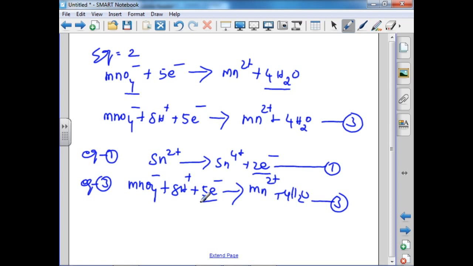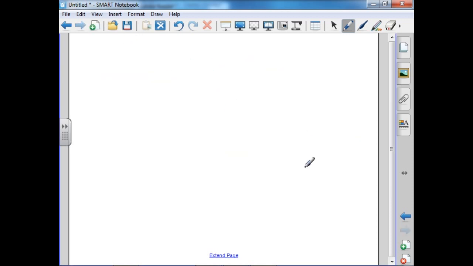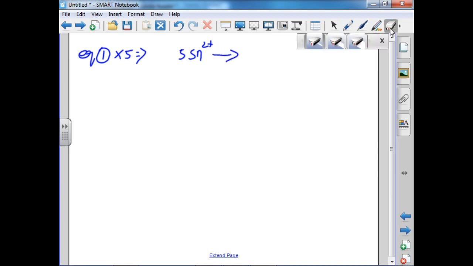So equation number 1 is multiplied by 5: 5 Sn2+ gives 5 Sn4+ plus 10 electrons.